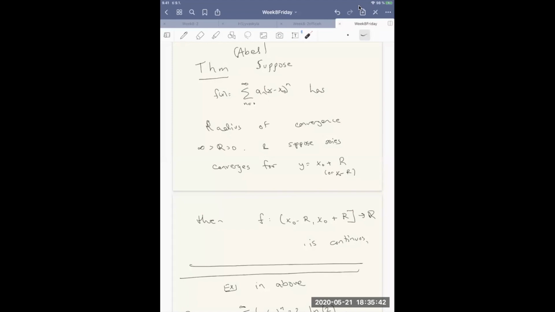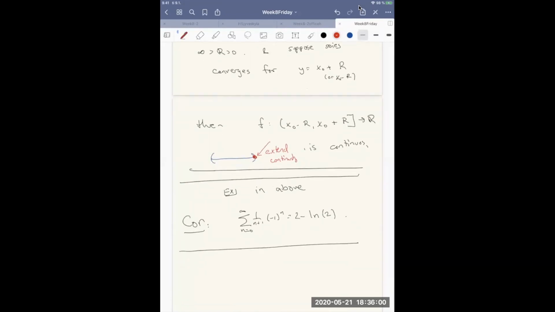So whereas the theorem that we presented in class gives us continuity on the open interval, this theorem allows us to extend the continuity.